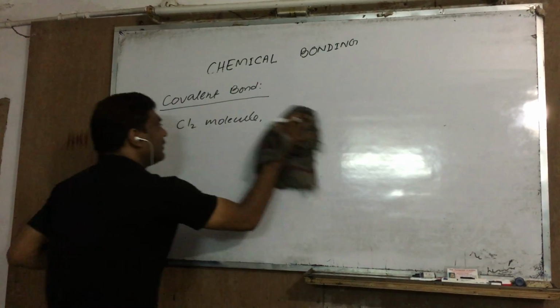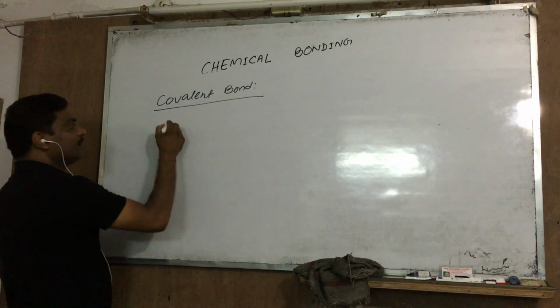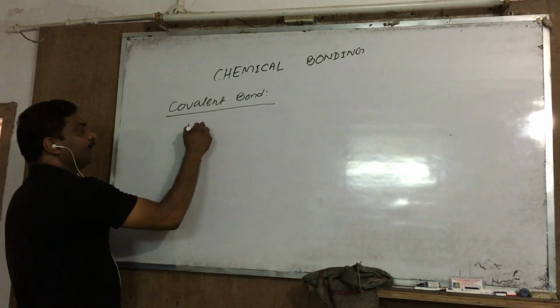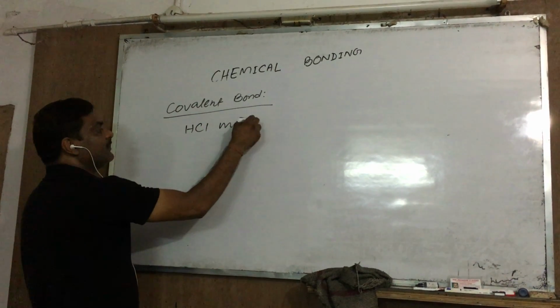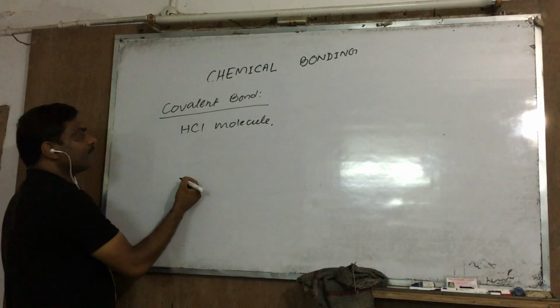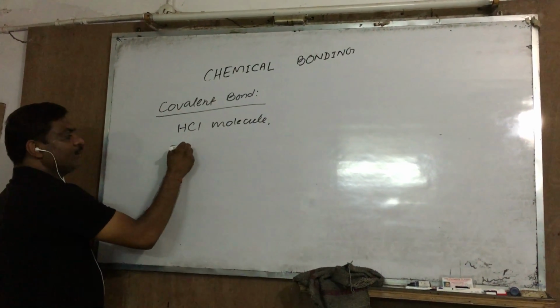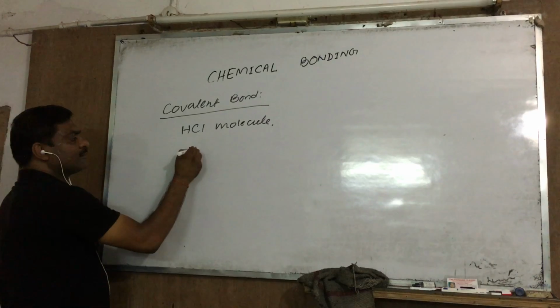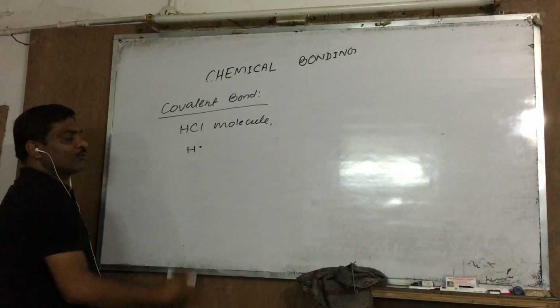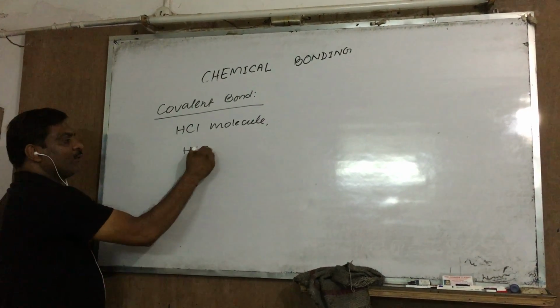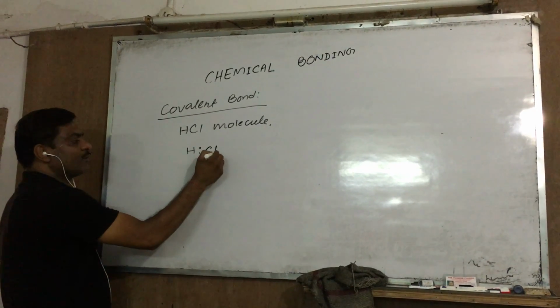Now we are talking about the HCl molecule. In HCl molecule, hydrogen has only 1 electron in its outermost orbit, and chlorine has 7 electrons in its outermost orbit.